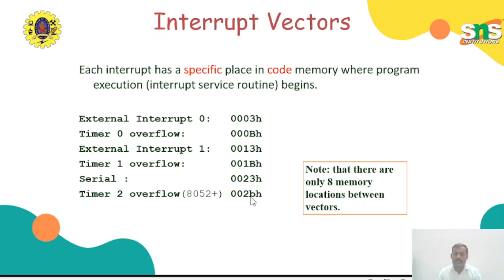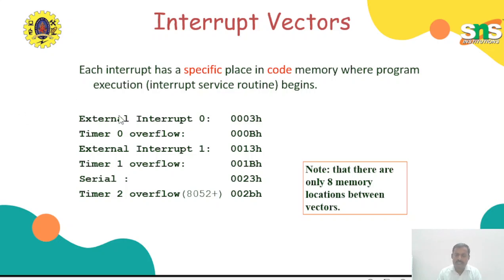Look at this. We don't have many locations to store the interrupt programs. This is 3 and this is B, so in between we have only 8 memory locations. Within 8 memory locations it is not possible to write a complete program, so we use jump instructions.